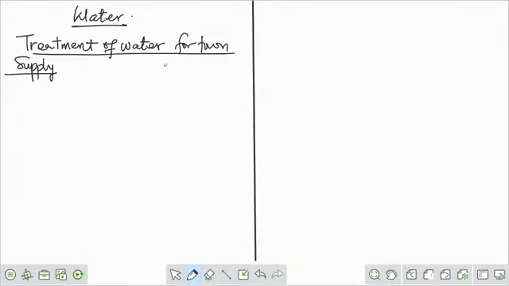If you are not in this class, if you are not writing, you are wrong. The first thing we are doing is aeration. That's the first process in treatment of water. Aeration has to do with air. The second thing is coagulation.